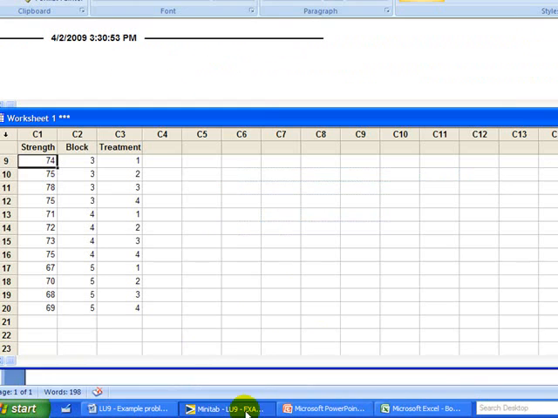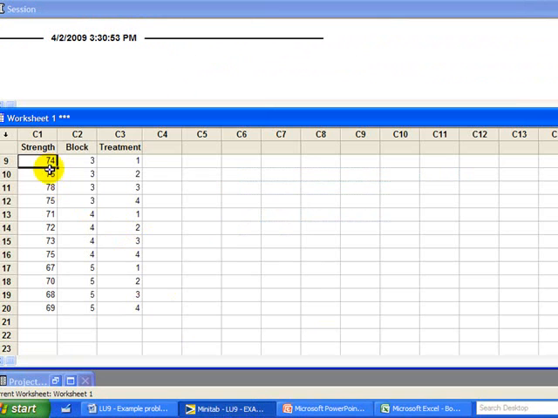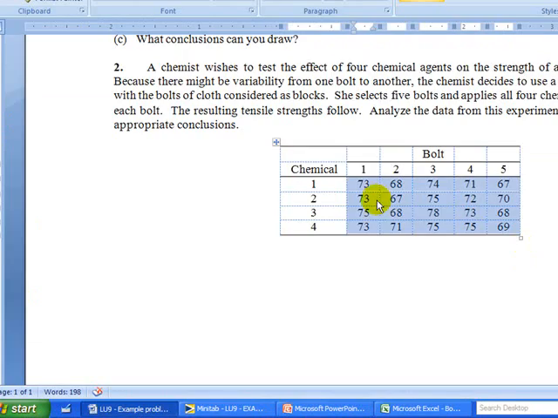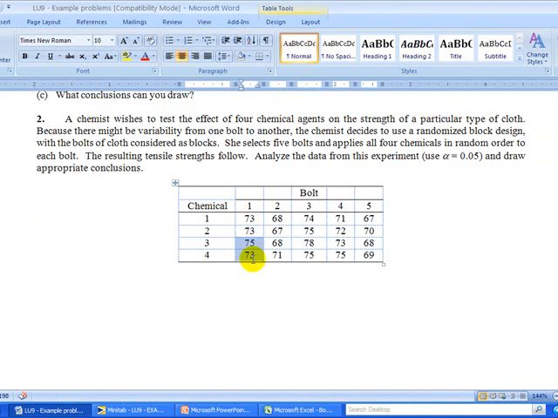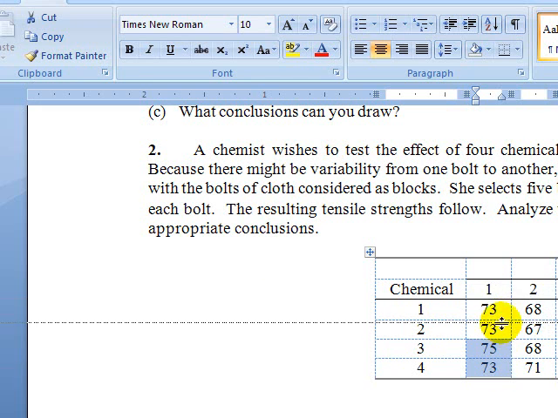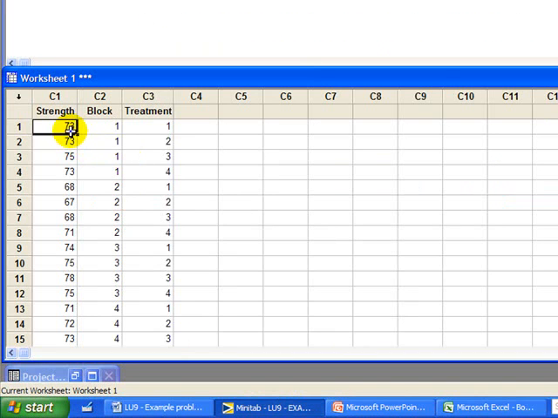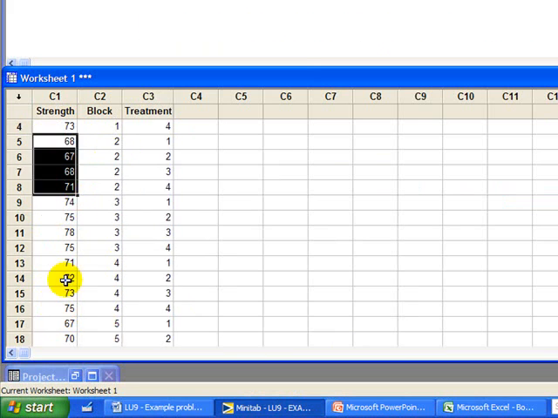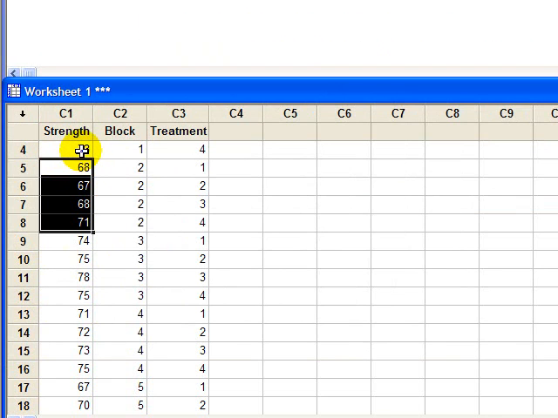So I entered them in the first column. I took this column first, 73, and copy pasted it here, right? Then the next column, 1 to 20, you can see I entered all the readings of the strength.